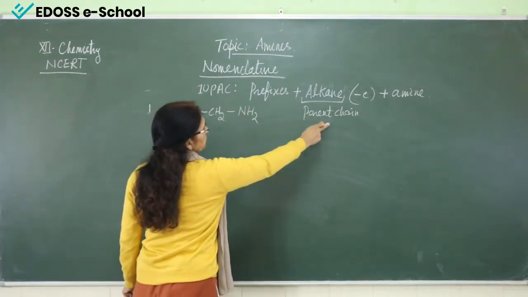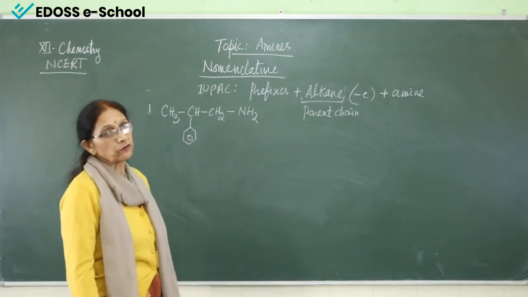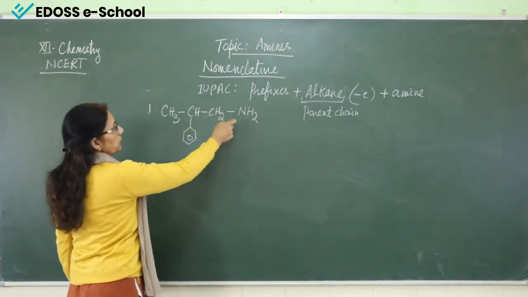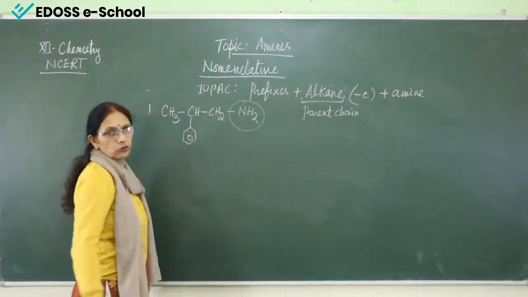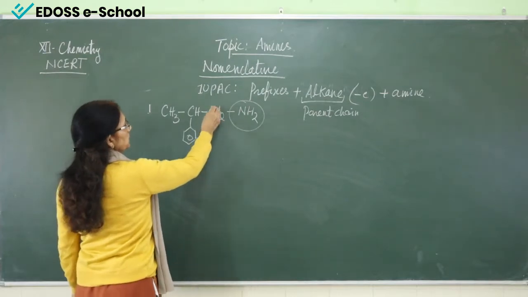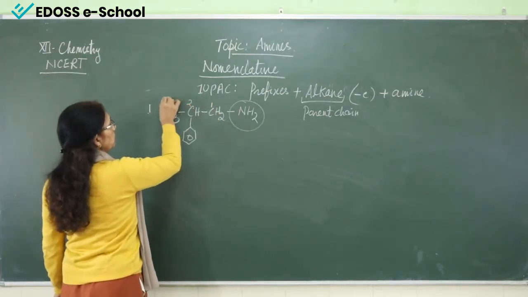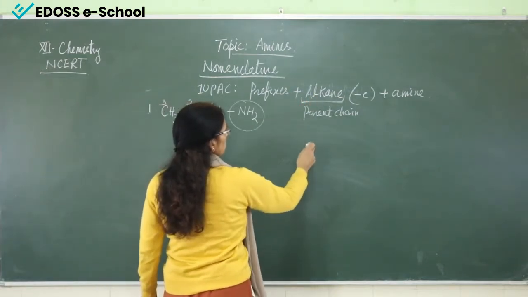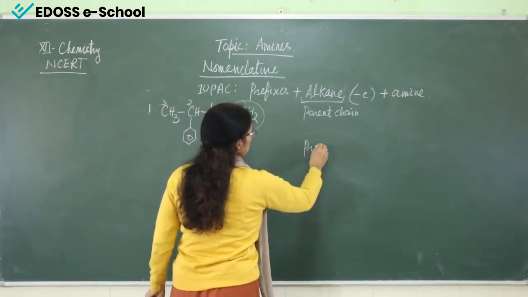First, the very important thing is that we have to select the parent chain. The parent chain is that chain which contains the amino group. So the amino group is attached to this chain. We can see here, this is 1, 2 and 3 carbon atoms. So the alkane is propane.